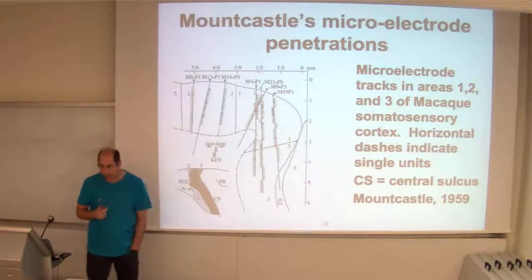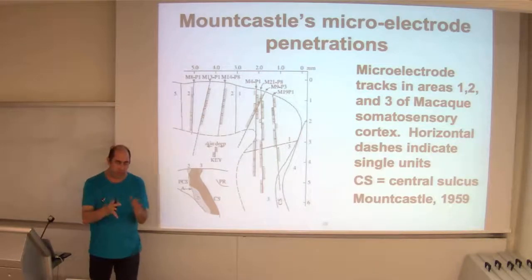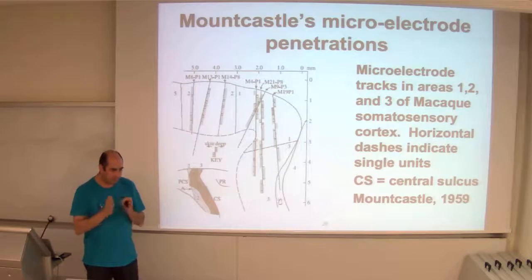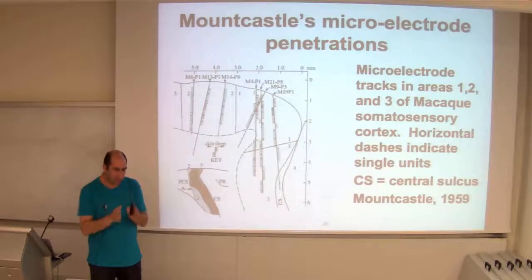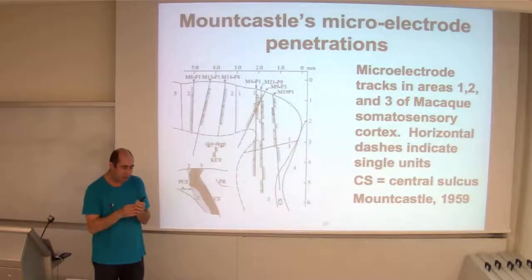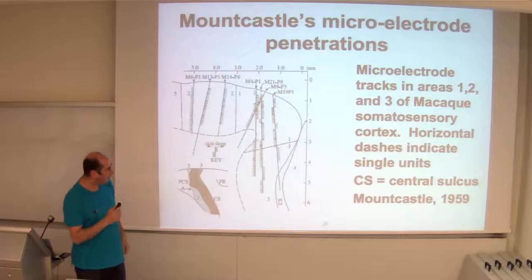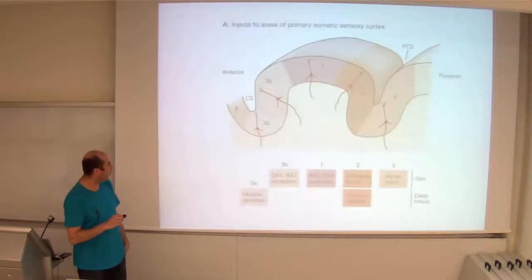So the idea of a cortical column, the idea that an area in the cortex is dedicated to the same type of information, started with Mountcastle. Then Hubel and Wiesel saw it in the visual system in maybe a more convincing way, but it started here.